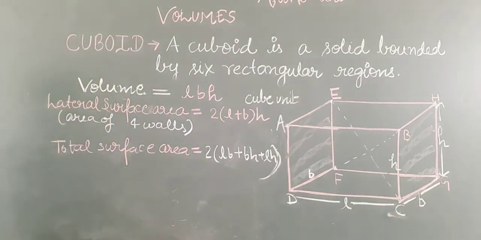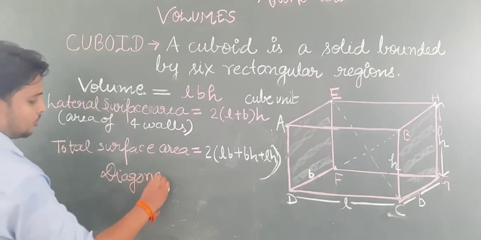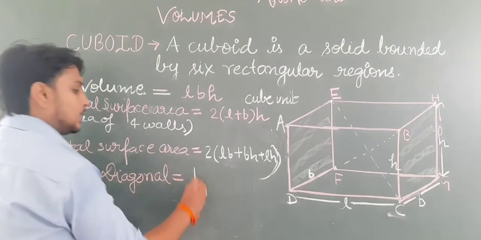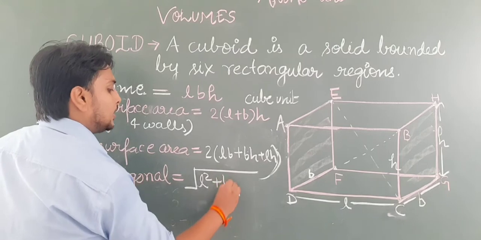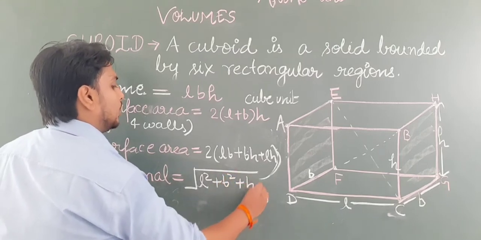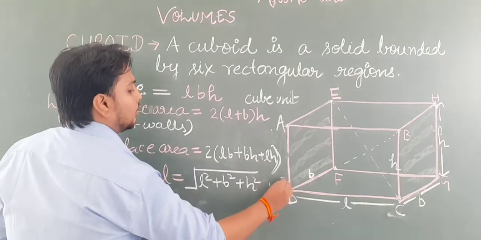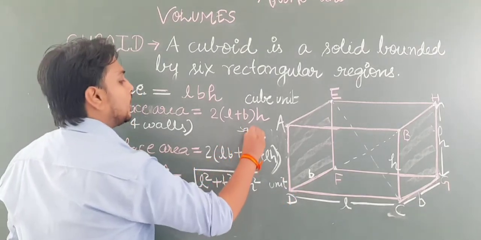One more formula is there students, and that is diagonal. Diagonal of the cuboid, the formula is square root of L square plus B square plus H square. Diagonal comes in unit, and whatever the area is, that comes in square unit.